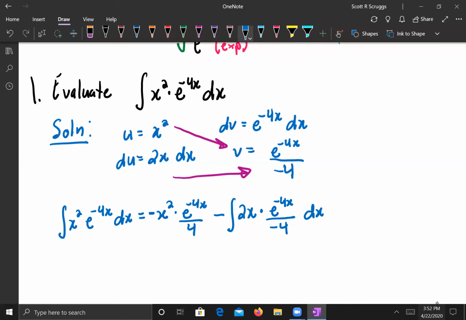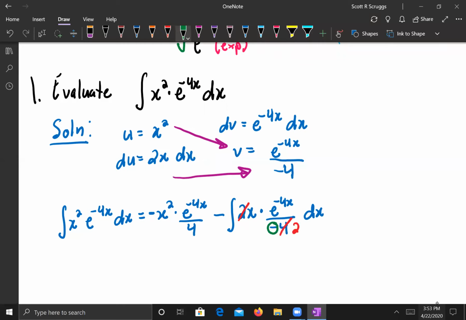Let's try to simplify inside this integral real quick. I have 2 multiplied by 1/4. So that reduces to a 2 in my denominator.